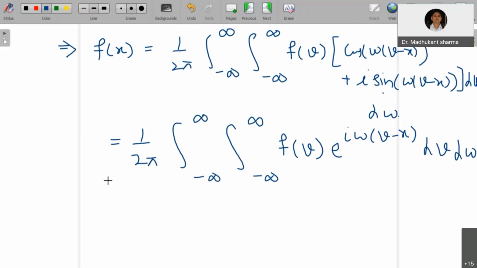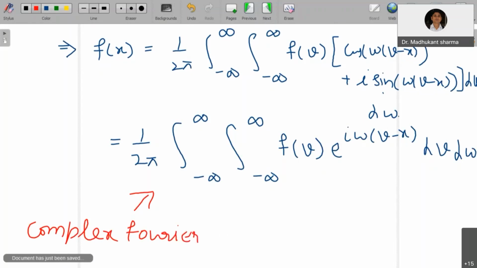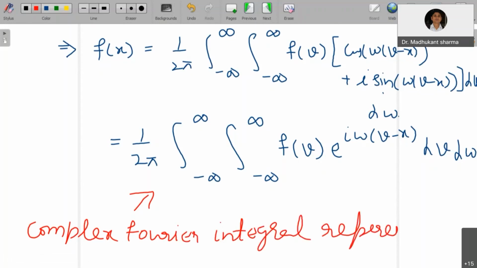So this is known as the complex Fourier integral representation of the given function f.